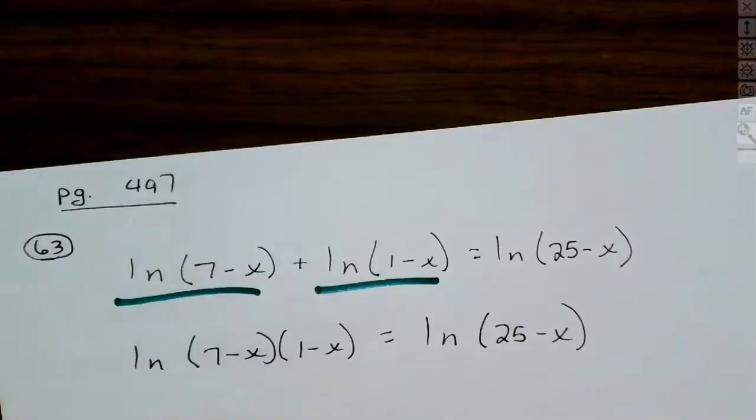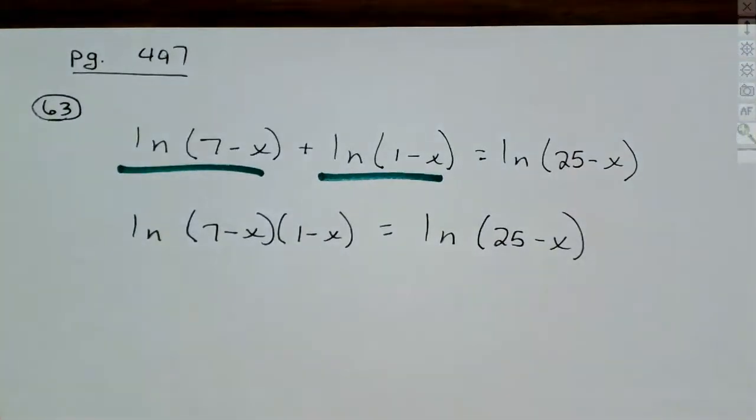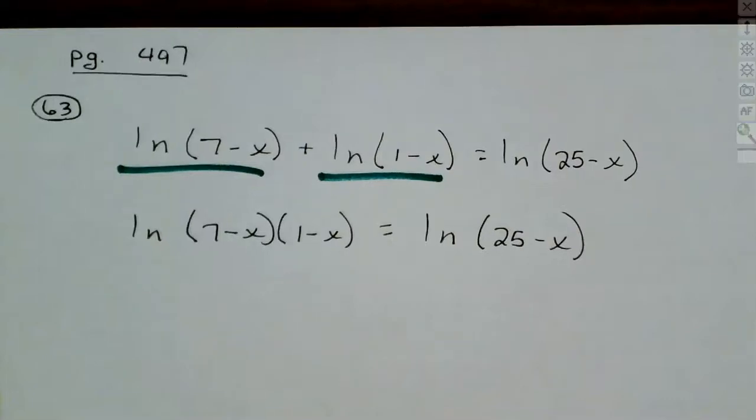Now, why did I do that? I did that so I can get rid of the natural log. What is the opposite of a natural log? Well, when we had log base 10, we used a power of 10. When we talk about natural logs, that is log base e. So to get rid of a natural log, ln, we use e.